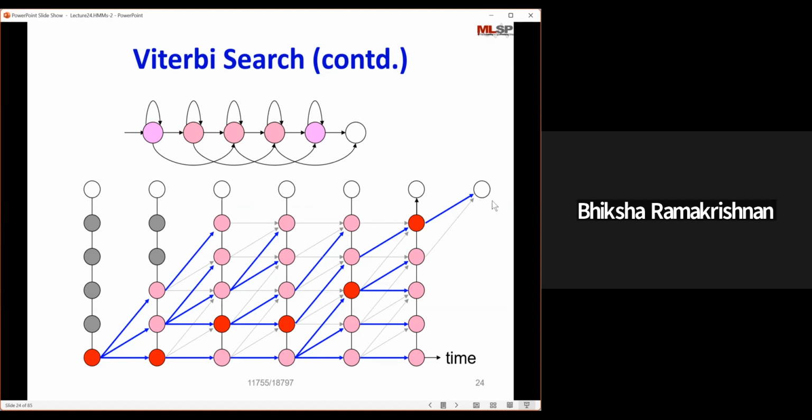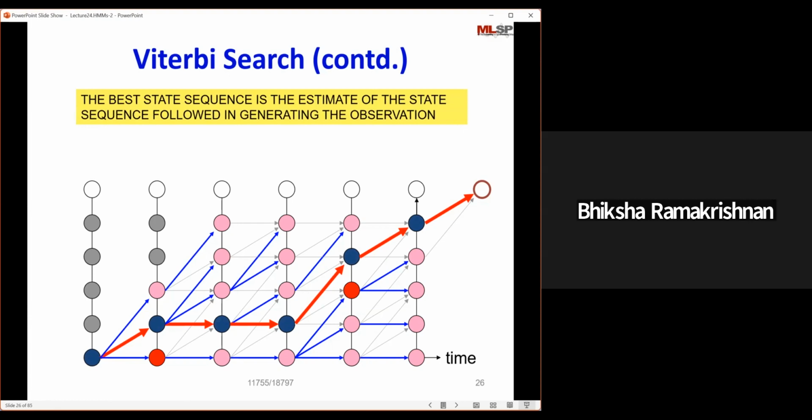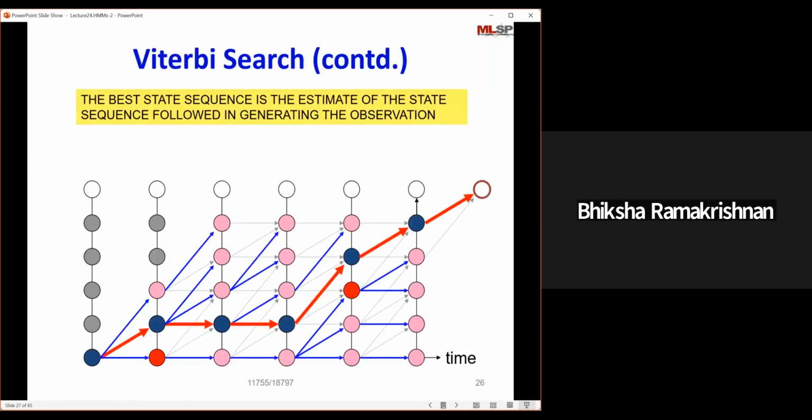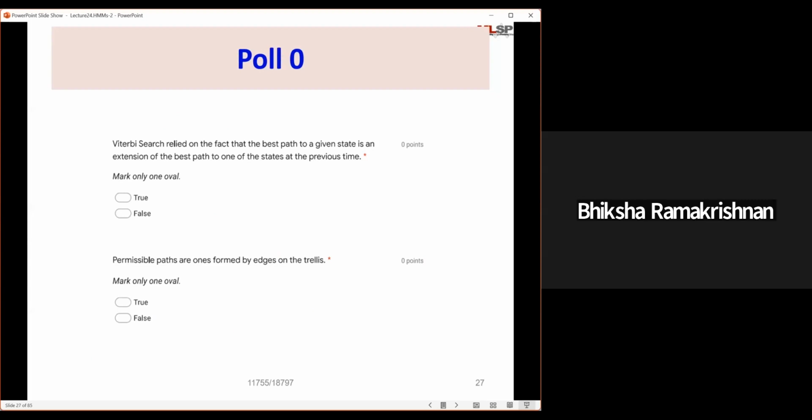From that state, on the most likely path to that state, you know the parents, so you could track the parents back all the way to the beginning of time to find the most likely state sequence for the given observation sequence. This was the Viterbi algorithm, and it solved the problem of finding the most likely state sequence for any observation sequence.